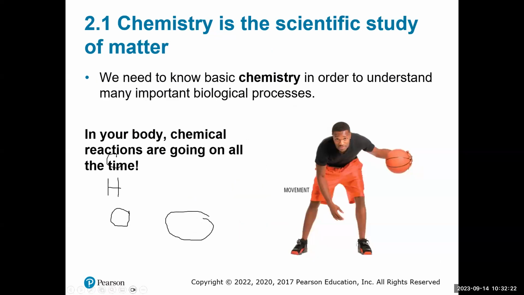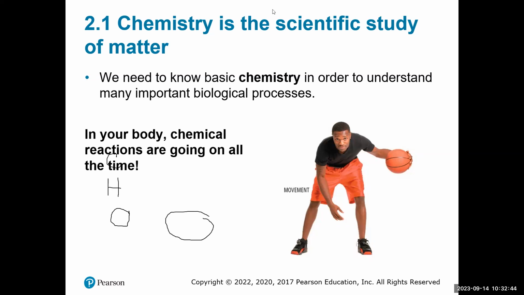Now, what's chemistry? Chemistry is the scientific study of matter. Basically, what's an element? How do the elements react?